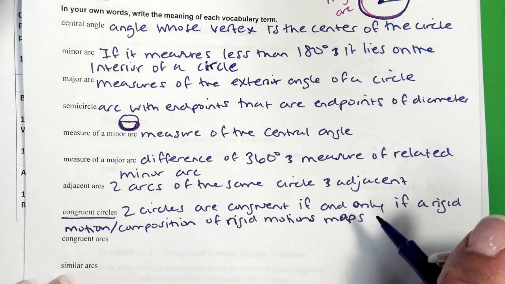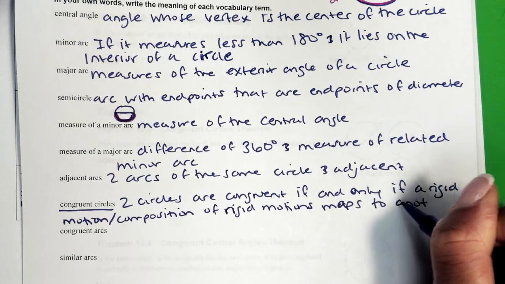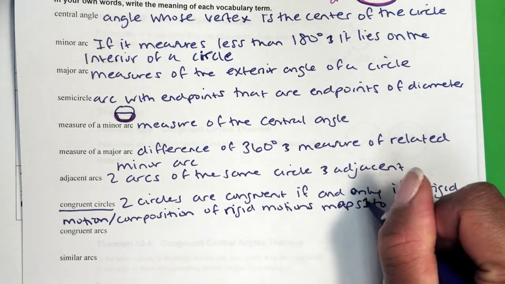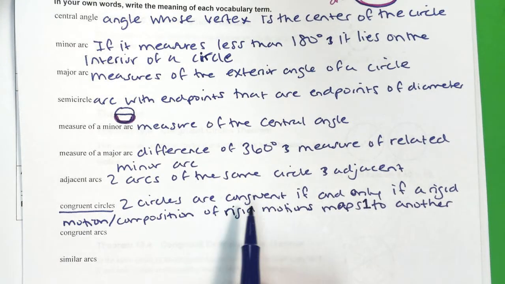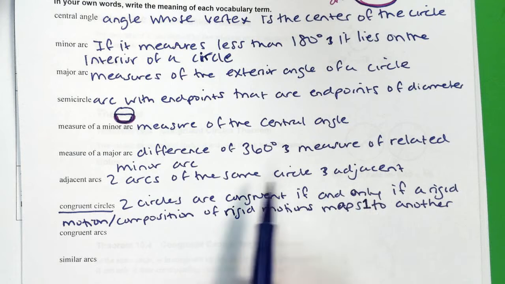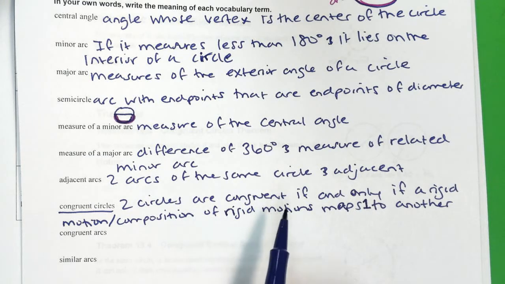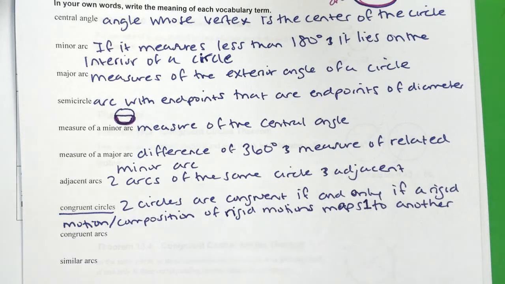This one's a long definition. So two circles are congruent if and only if, which is a biconditional statement, a rigid motion or composition of rigid motions maps one to another. So another way to shorten this is a transformation happened. So it either flipped or rotated in some kind of form or fashion.